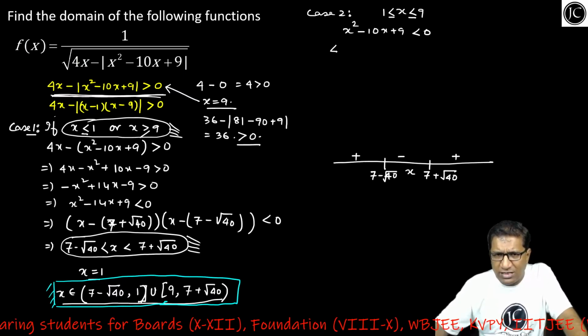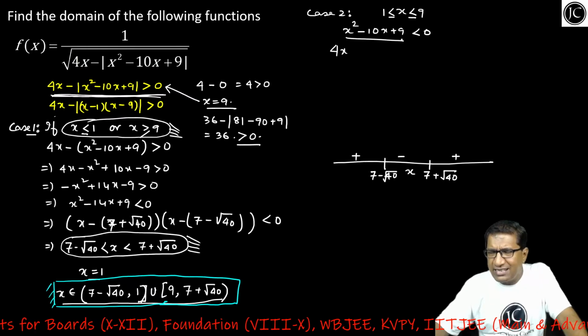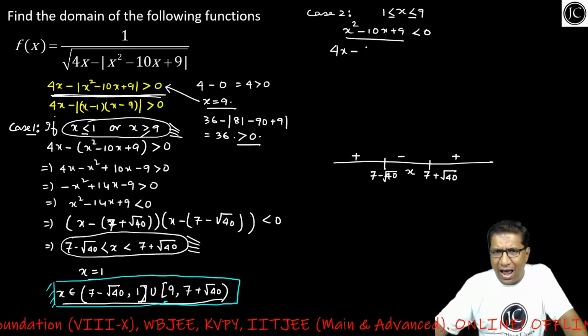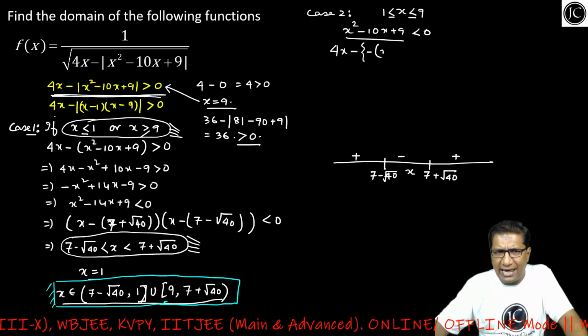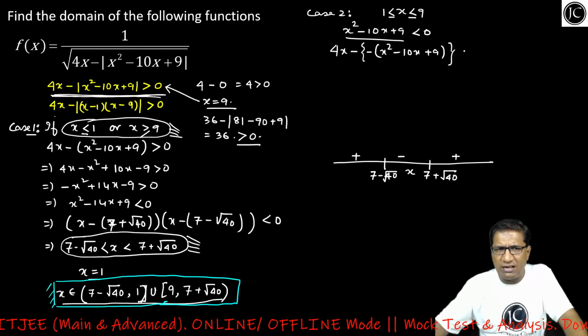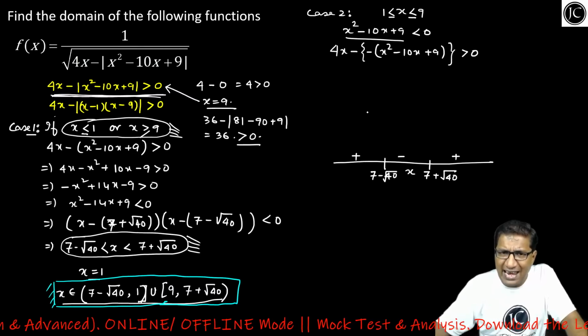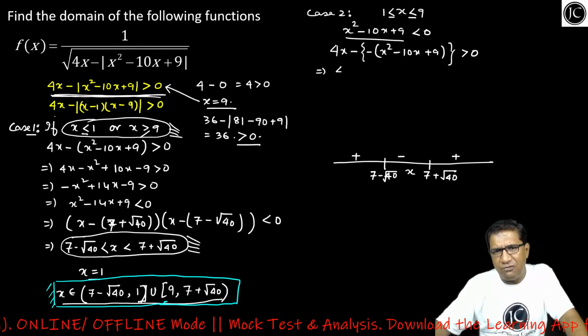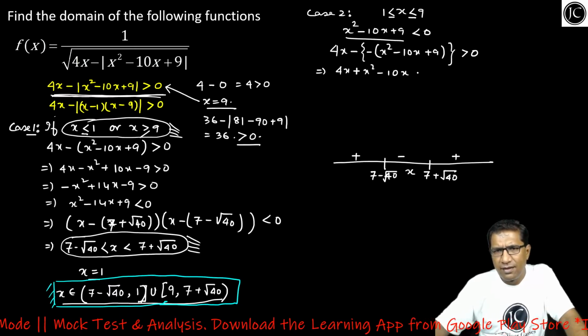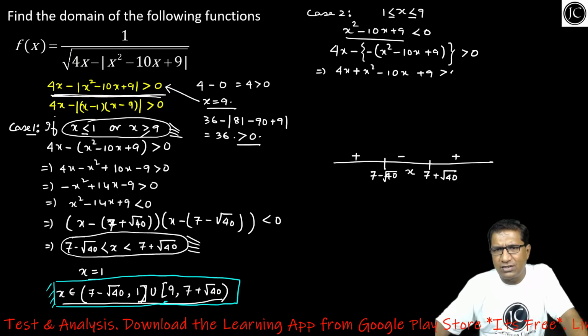So as this expression is negative, to make it positive, I'm writing a minus outside of this expression, as there is a modulus sign. So we are having basically 4x plus minus of x square minus 10x plus 9 is greater than 0.